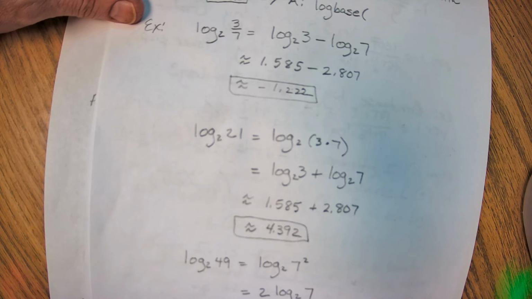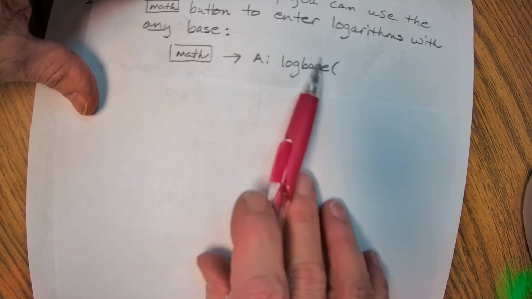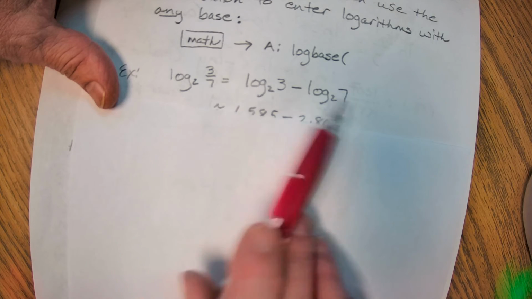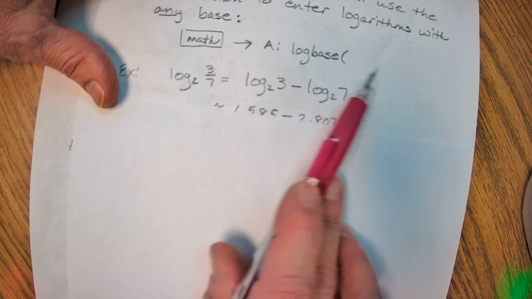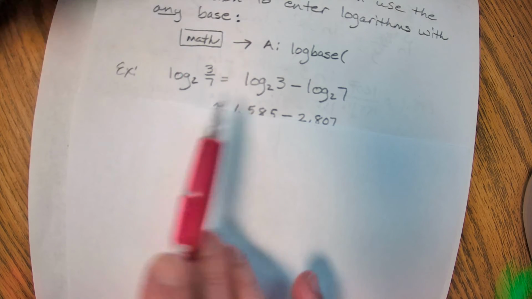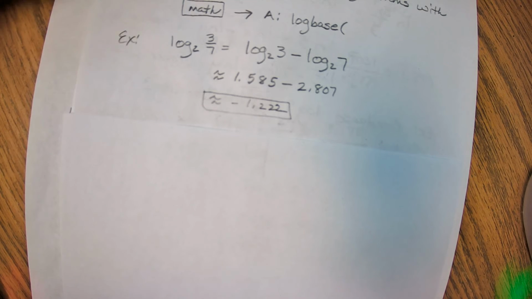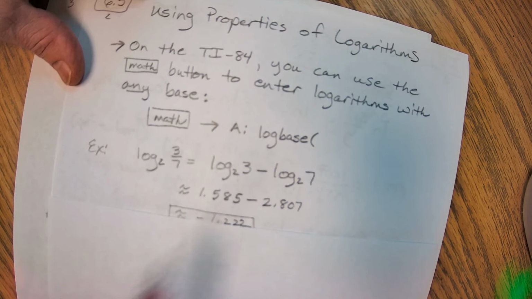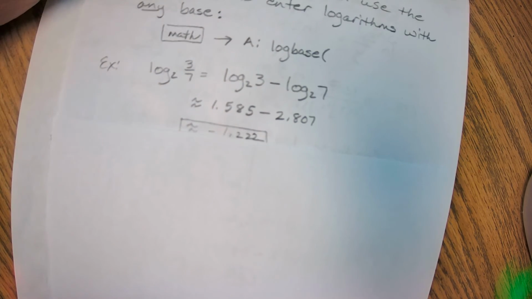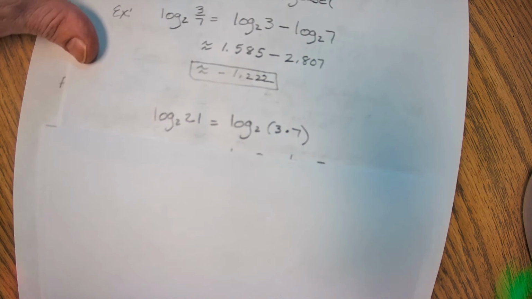But if you have a TI-84, you can go to the math, choose this, and then you can just enter this. So you would do log base 2 in parentheses, and then put 3 divided by 7 and enter, and it would give you this answer. I was actually pretty excited when I saw that, because it's going to make your life a lot easier.